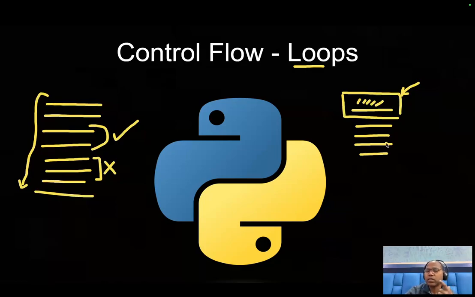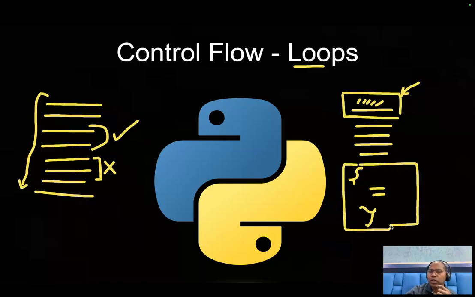So, repetition: the same block of code, whatever block of code you have written, you want it executed by our Python interpreter multiple times. That is the concept of loop or iteration. Here multiple times can be 10 times, 20 times, 100 times, 1000 times.